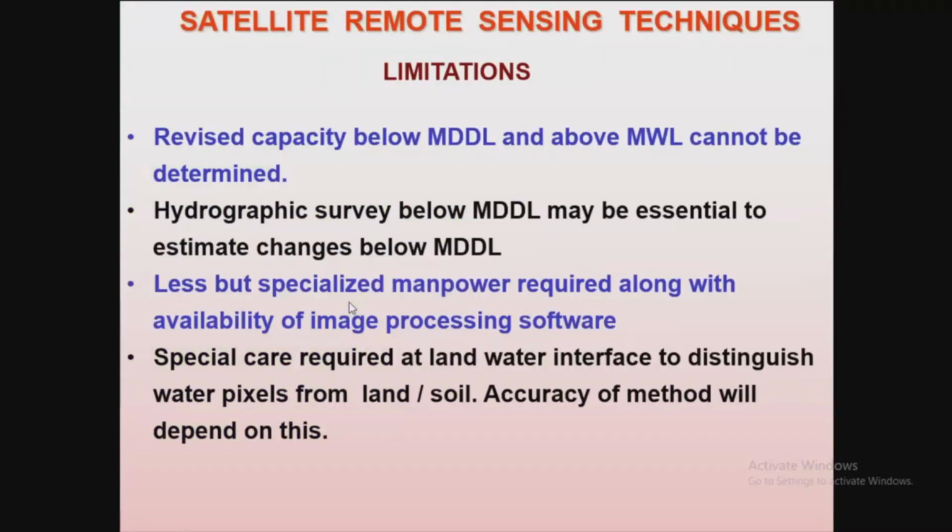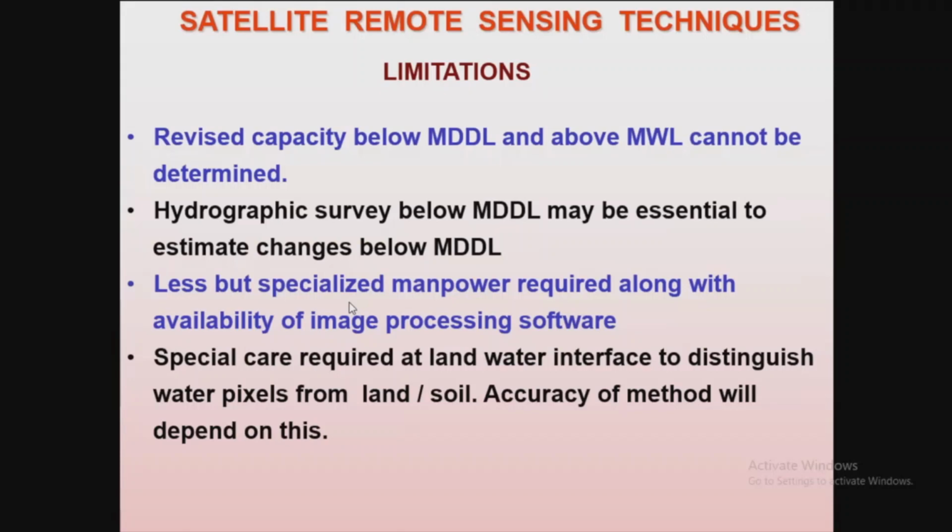Now we'll come to the end of this. Some limitations that I told you: revised capacity below MDDL and above MWL cannot be determined. You have to write to me by mail. Some of the students can tell me why capacity below MDDL cannot be calculated by the SRS technique, and why we cannot calculate above MWL, when images are available.